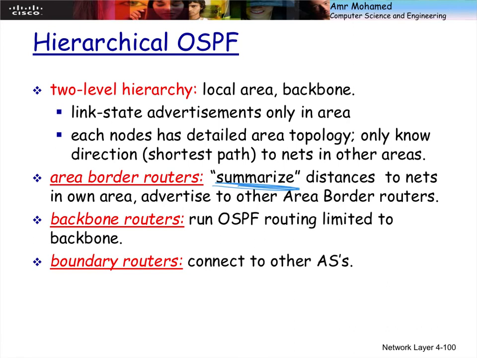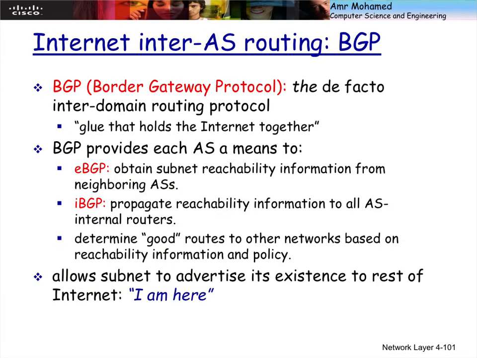The area border router summarizes the distances to the different networks. There is the backbone router, and the boundary router is the one that connects this autonomous system to other autonomous systems. Any questions? So these are the definitions that OSPF uses. Again, there are lots of details related to that which we will not cover.